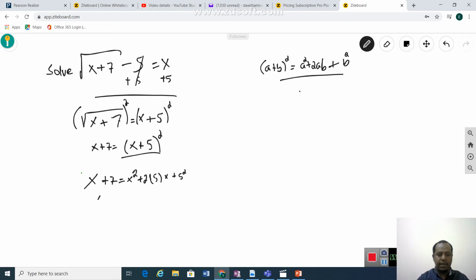Okay, I apply this formula. Then I'll simplify the expression. So I'll get x plus 7 is equal to x squared plus 10x plus 25.